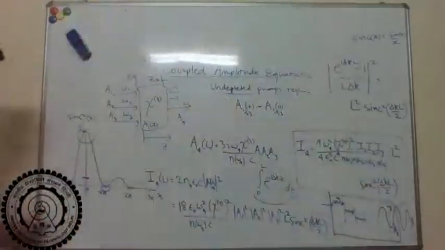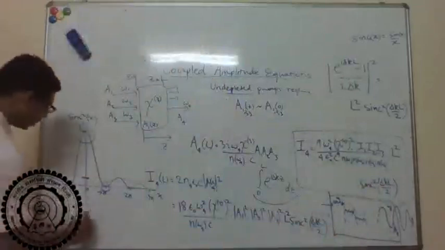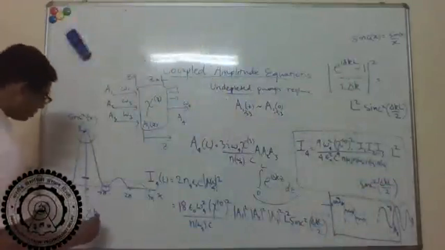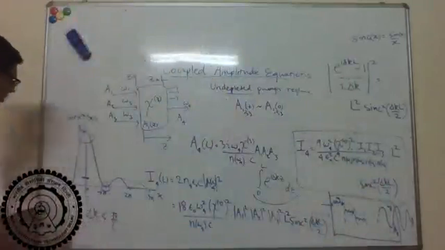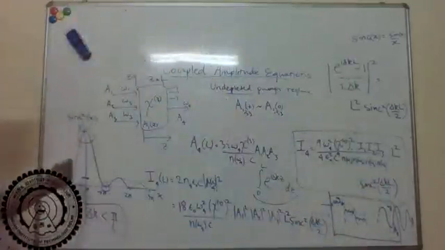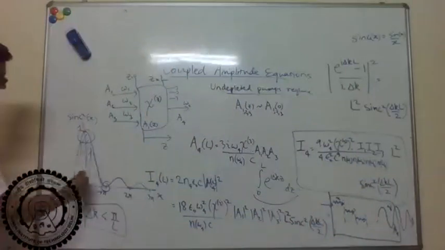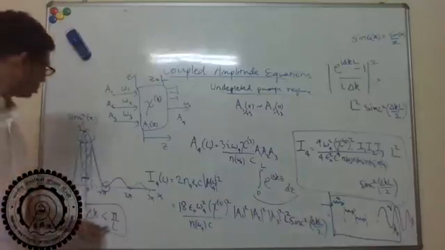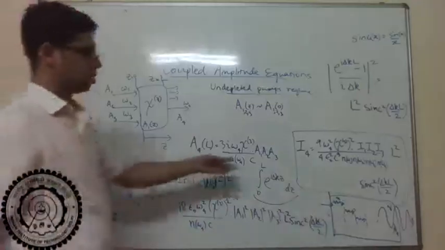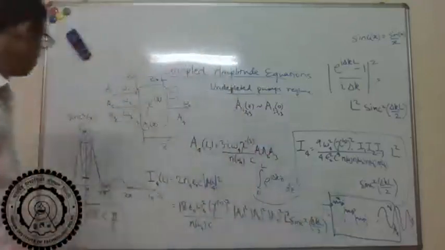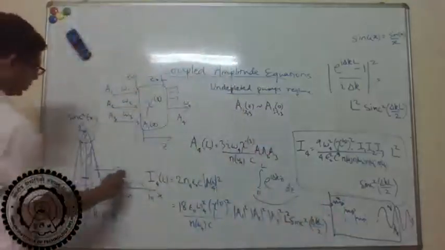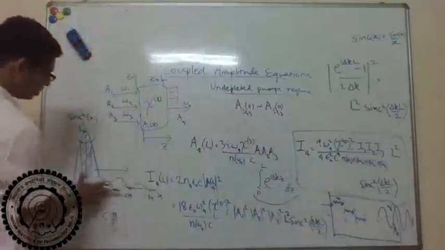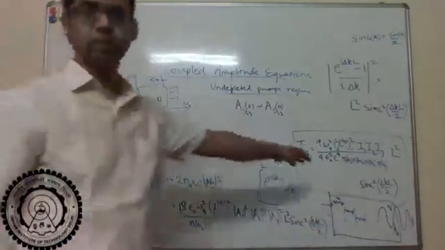So you want delta k to be less than pi over L, to be in this range, such that the conversion is efficient. If your delta k exceeds those values, then the conversion that you're getting is suppressed.